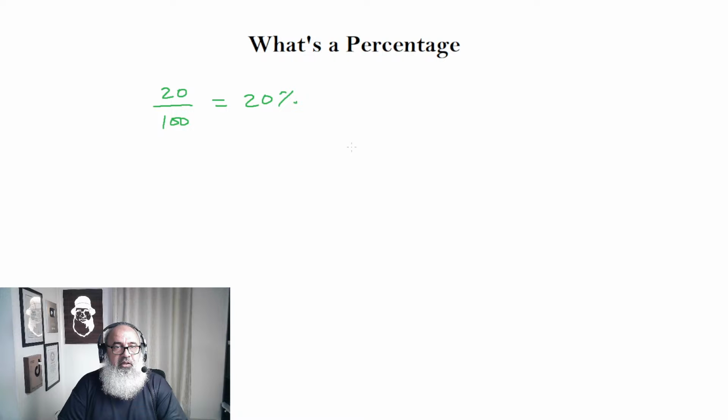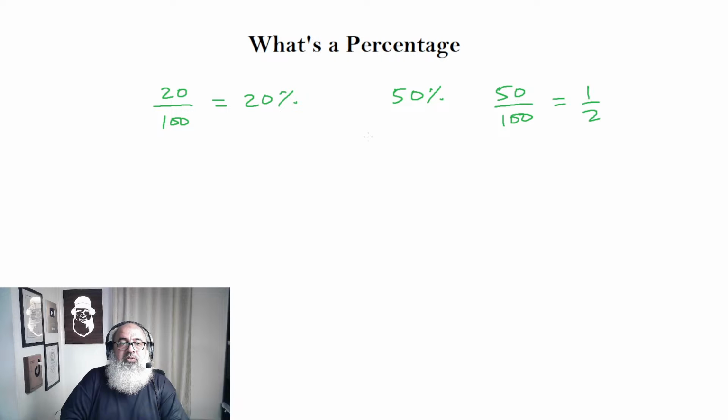And if we have, let's say, 50%, in our daily life we all know that 50% means half. This is the same as 50 over 100, or if we cancel it down, 1 half or 1 over 2. That's the same concept.